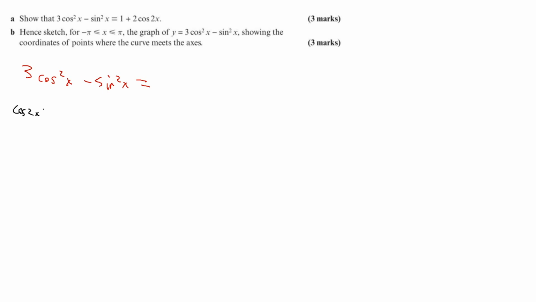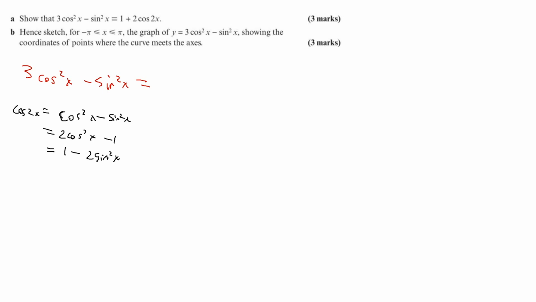Cos 2x is equal to cos squared x minus sine squared x, which is the same as, depending on what you substitute in, 2 cos squared x minus 1, or 1 minus 2 sine squared x. Okay?